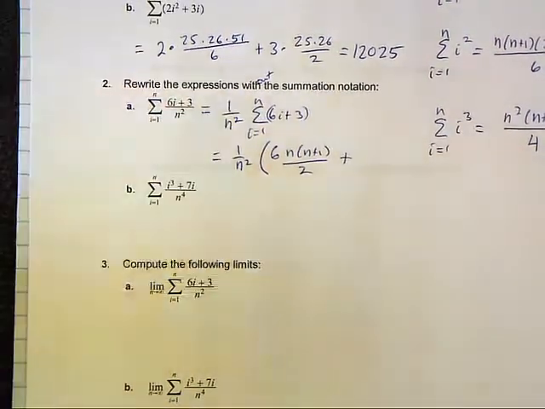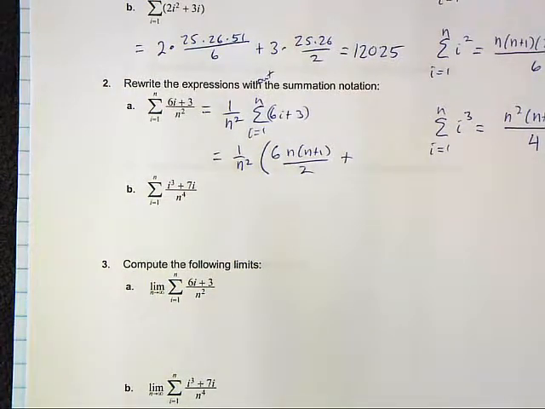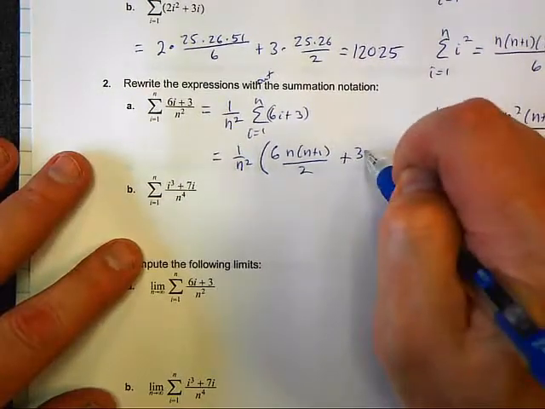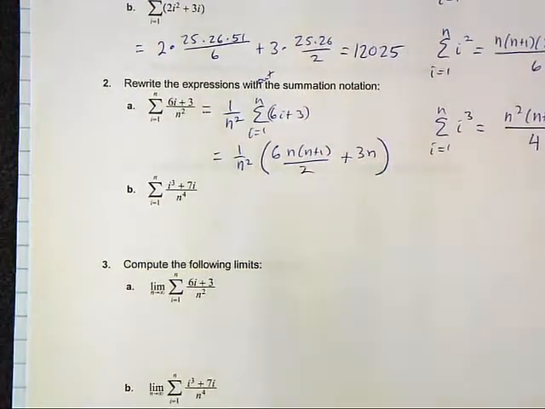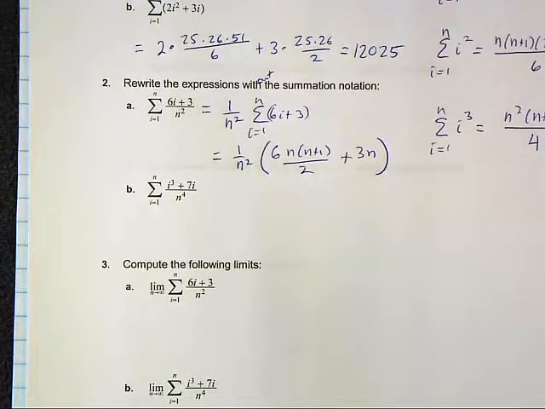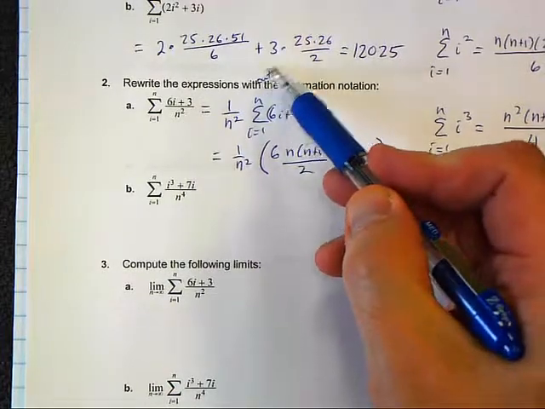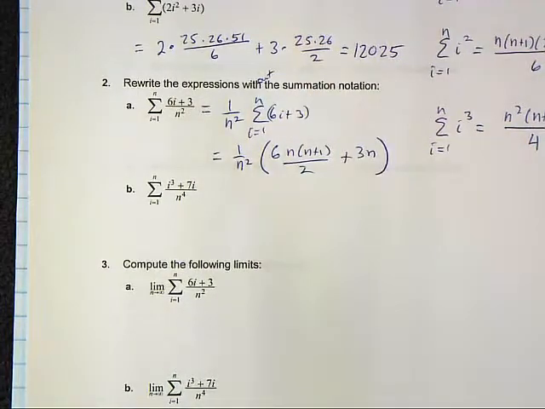Plus, what do I write instead of writing the sum of 3? cn, where c is the number 3. So that's just going to be 3n. There it is written without the summation notation. Questions on that one? It says with, but notice I wrote out there, it's supposed to be without. That was a little typo on my part.